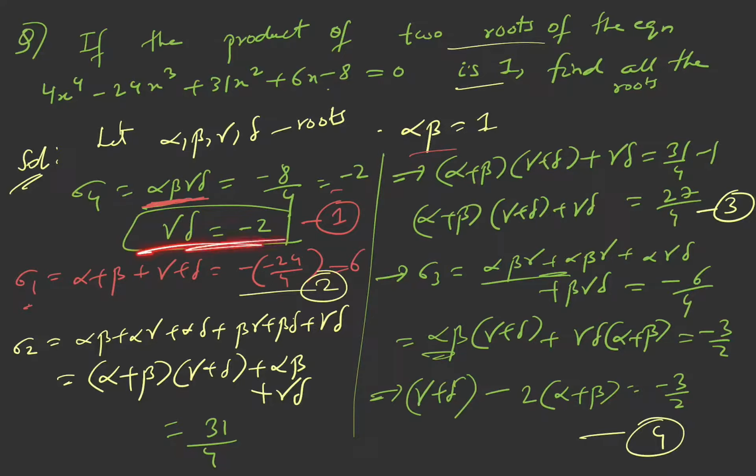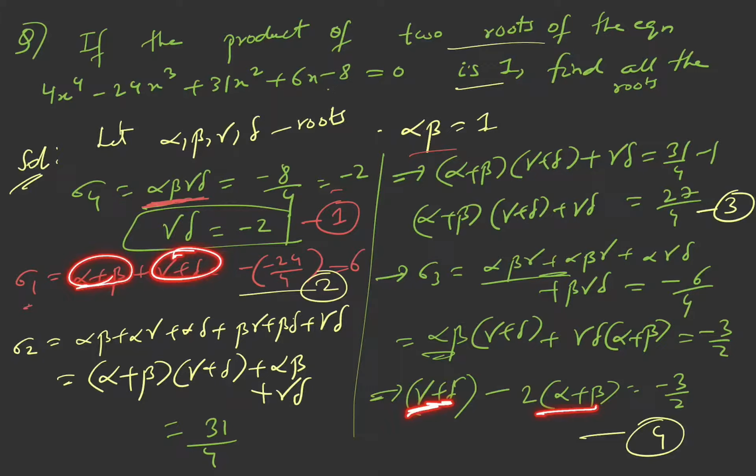Now you see you have 4 equations: gamma delta is minus 2, and you have alpha plus beta plus gamma plus delta as 6, and you have this equation alpha plus beta into gamma plus delta plus gamma delta, and you have this equation. Now you see how we can easily solve this. We want alpha beta gamma delta. Here you have alpha plus beta plus gamma plus delta.